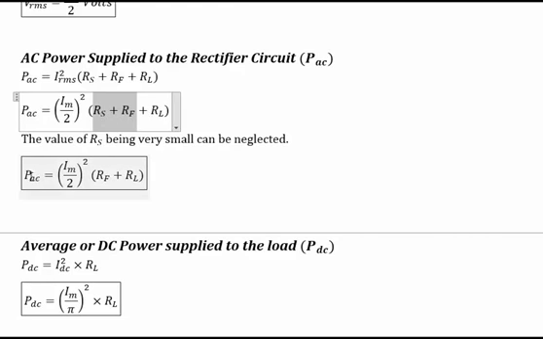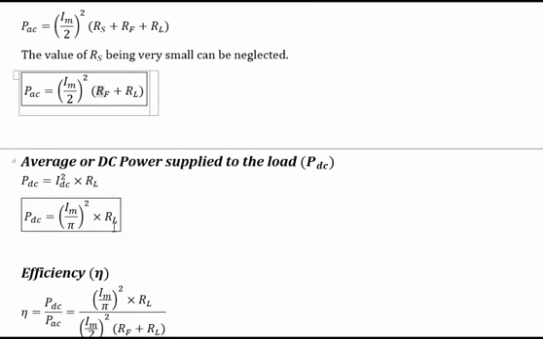If you neglect them, you get the same relation, PS equals IRMS square into RL. RF can also be neglected in comparison with RL, so both equations will remain with RL.